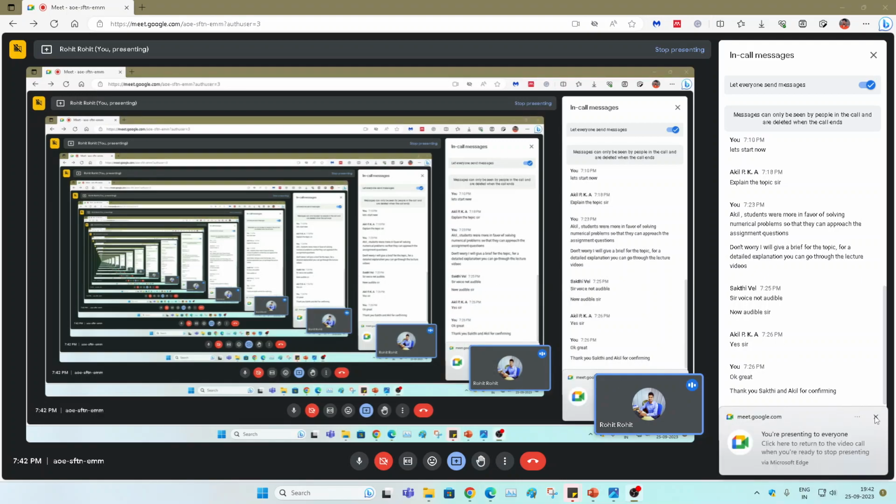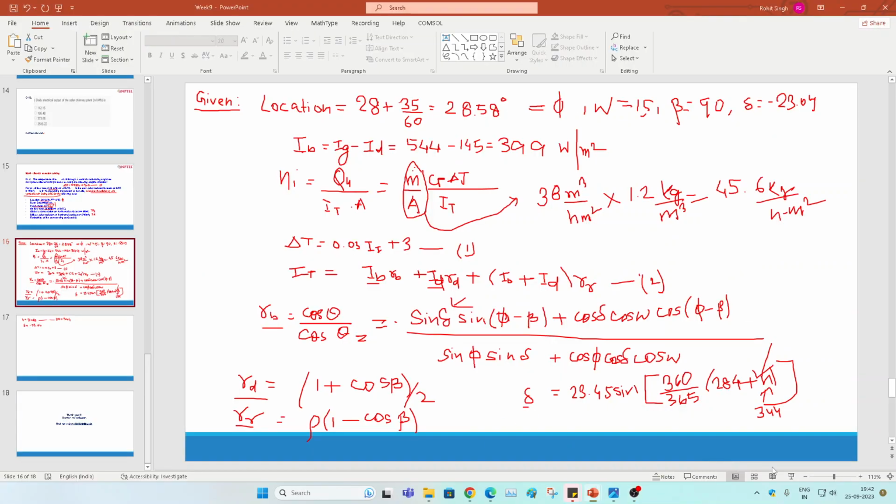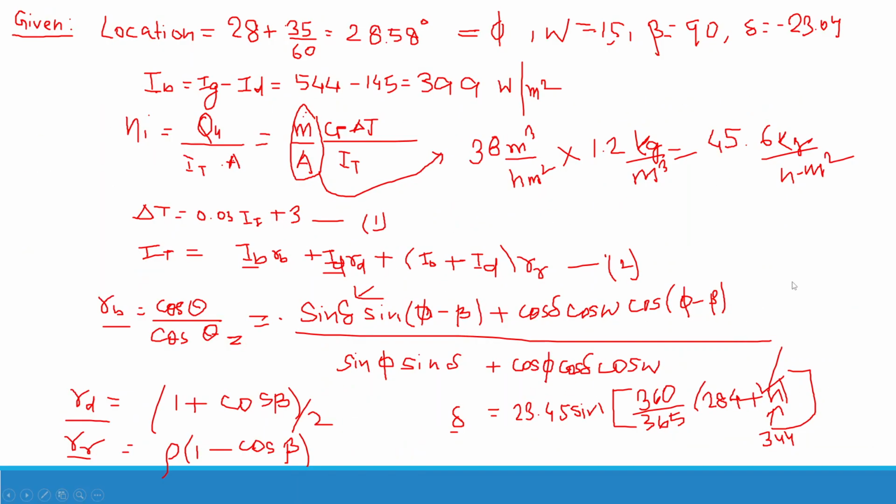Did you guys calculate it? Let me give you some more time if this is a big calculation. Try to do it. This is quite easy. The values are here only and you can easily calculate it.